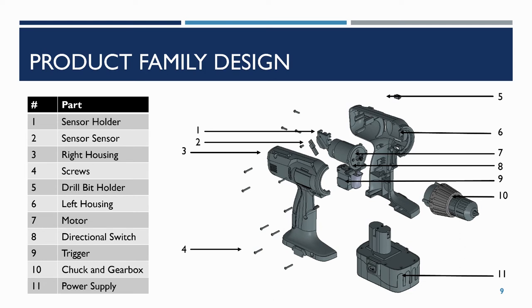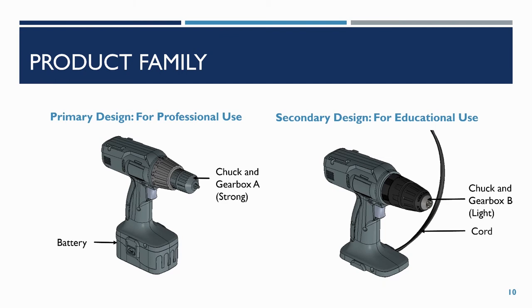Our primary design may be used in tough environments with high cutting load and therefore needs a stronger trunk and gearbox. They are also equipped with a battery as power supply so that they can be used where electricity is not accessible. The secondary products are for a nice screw environment.